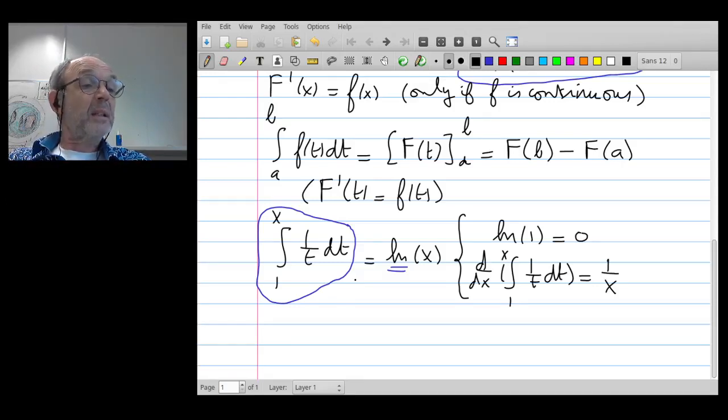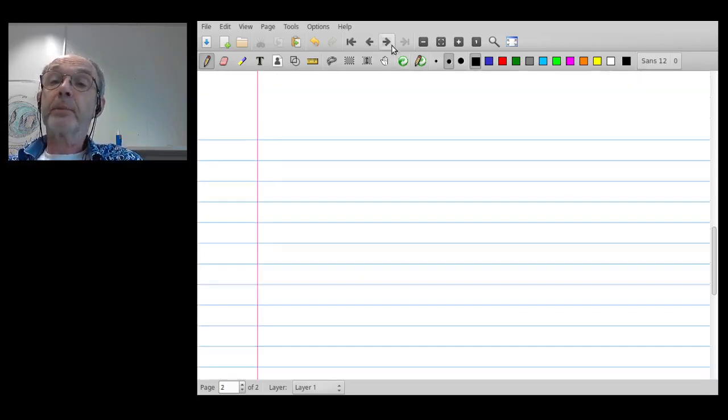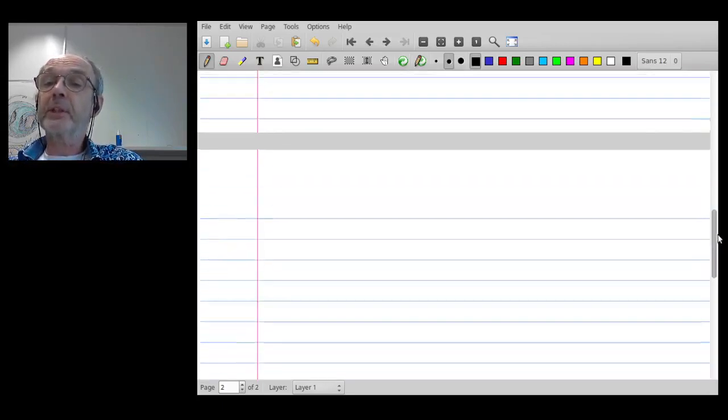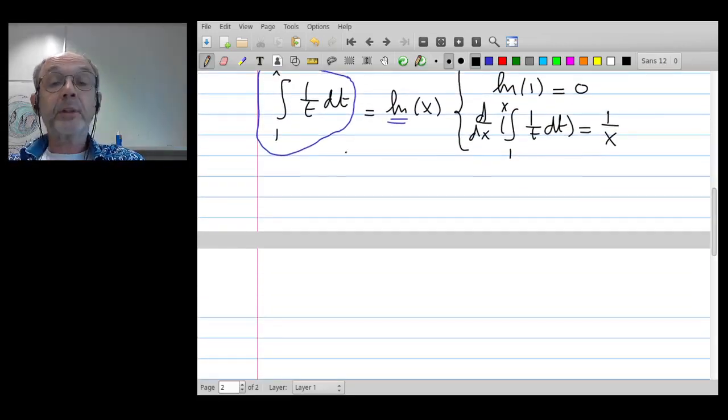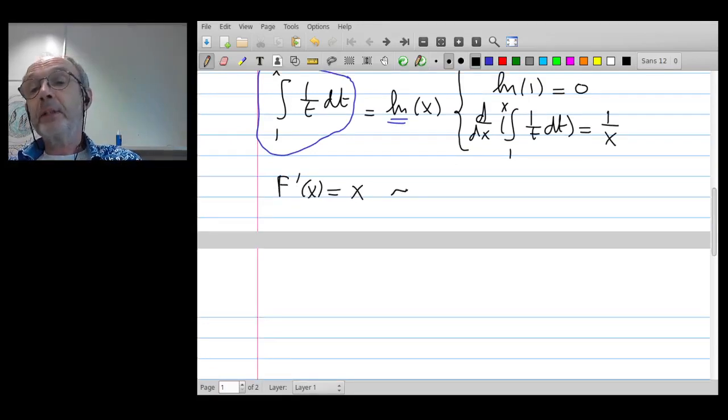Now let's see some more examples of primitive functions, and how to use them. For instance, if somebody gives you that the derivative of a capital F is equal to x, then you can calculate your primitive function.